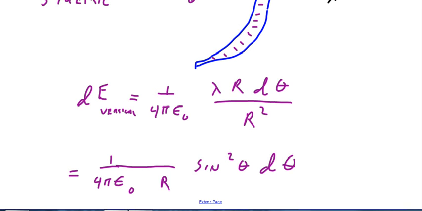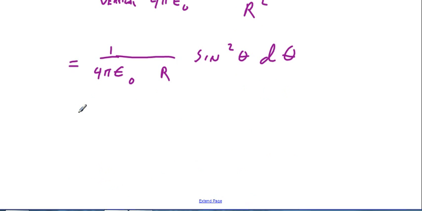And then we're going to integrate that for the vertical field from minus pi over 2 to pi over 2, so that'd be minus 90 to plus 90.